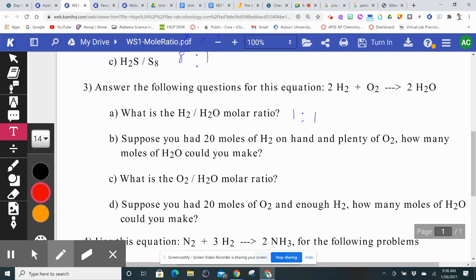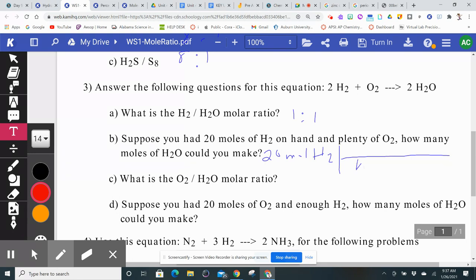So we're going to start with 20 moles of H2. I want to get rid of moles of H2. So where's moles of H2 got to go? If I want to get rid of any unit, where's it got to go?